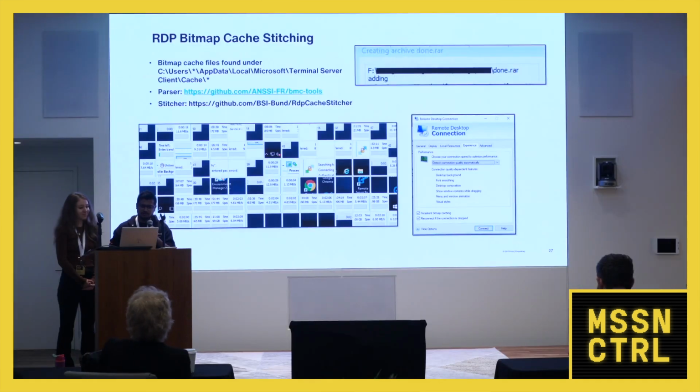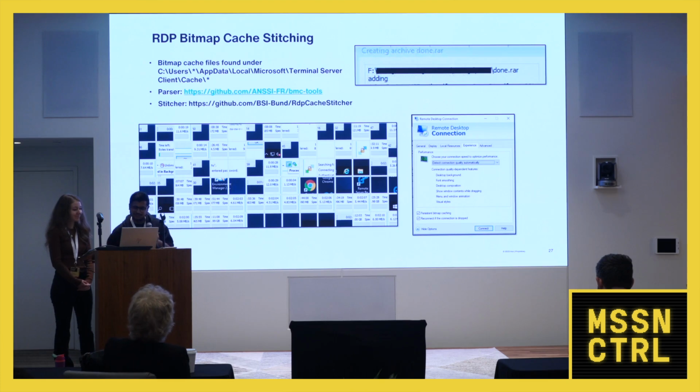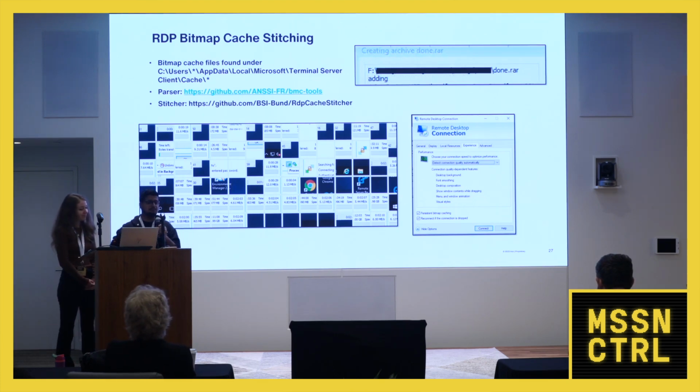But my favorite artifact is the RDP bitmap cache. So again, if a threat actor utilizes RDP and persistent bitmap caching is enabled, Windows tracks these changes that happen in RDP and saves them in the bitmap cache.